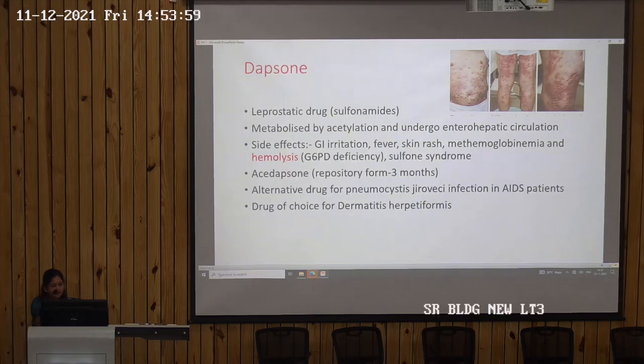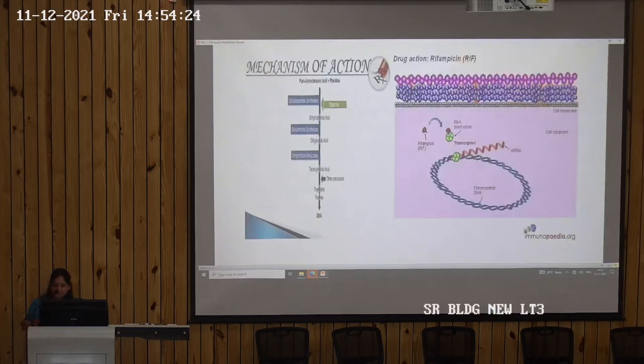It is an alternative drug for Pneumocystis jirovecii infection in AIDS patients. Which other drug is given to prevent this infection? Cotrimoxazole. So again, Dapsone can also be given as an alternative drug. It is the drug of choice for dermatitis herpetiformis, which is also an autoimmune disorder. So this is the mechanism for Dapsone and this is for rifampicin.